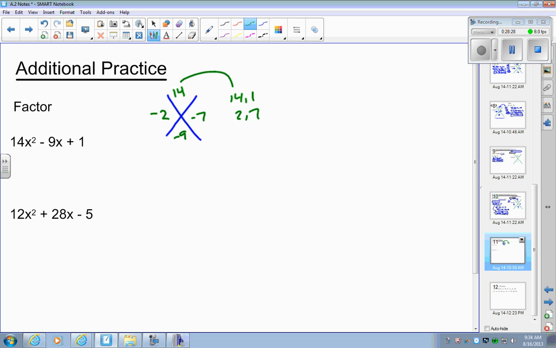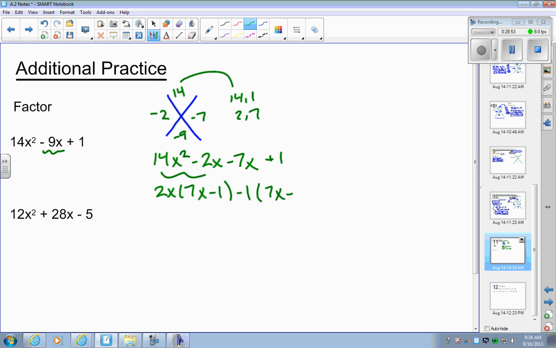I have my groupings now, so 14x squared minus 2x minus 7x, that's how we're splitting up the 9, plus 1, GCF these. The only thing that we have here in common is I'm going to always pull out a -1 here.